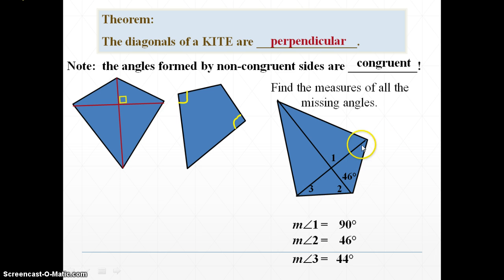This is an isosceles triangle, which means these base angles are congruent. So this angle is not labeled, and this one's angle 3. I know that this is 90 and this is 46, which makes this angle 44. So the other base angle has to be 44. Then again, we have 44 and 90, which make this angle 46.